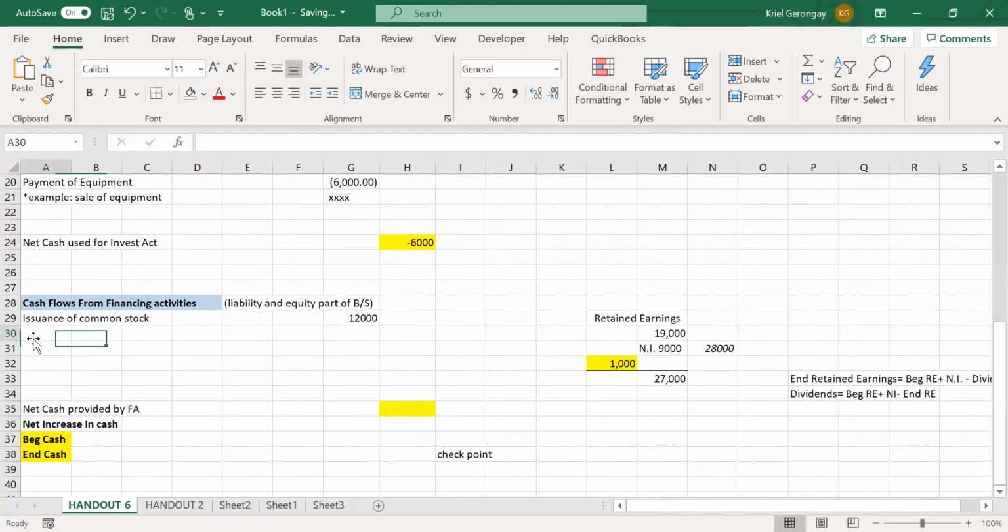To account for this payment of dividends under the financing bucket, we're just going to write down dividend payment, which is 1,000. Since we paid cash, it's a negative number. For our net cash provided by financing activities, we add these together and get 11,000.